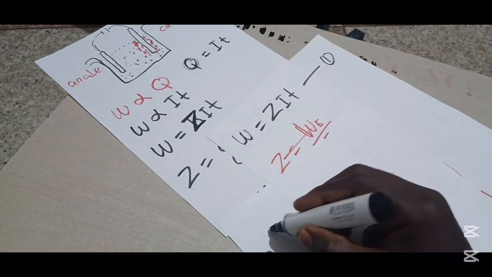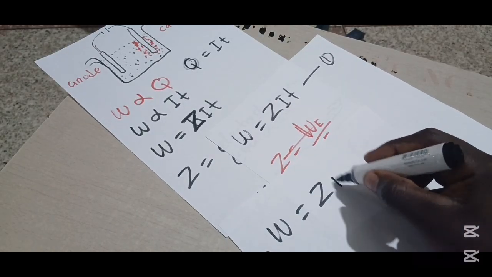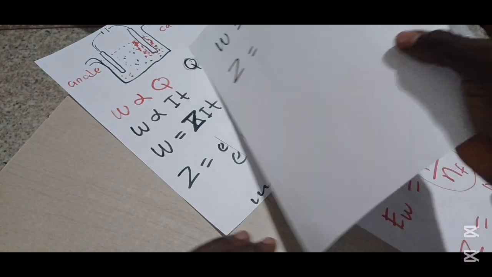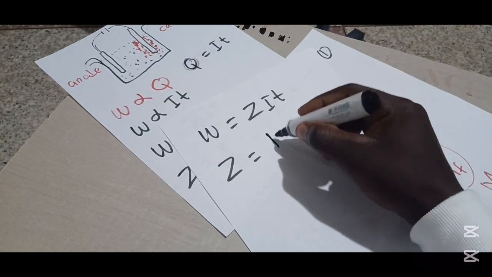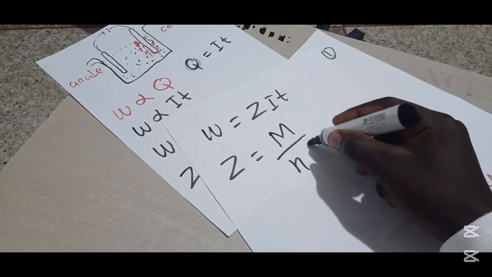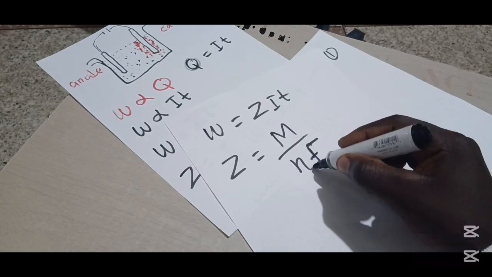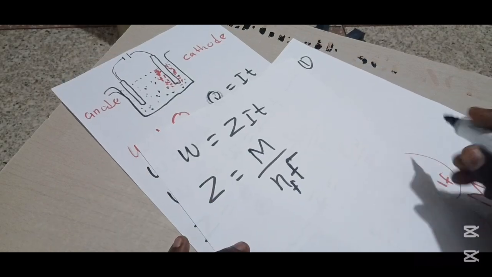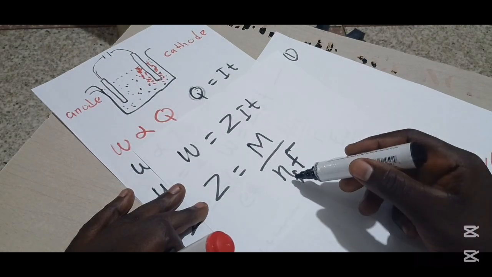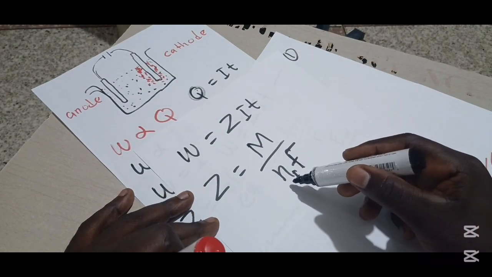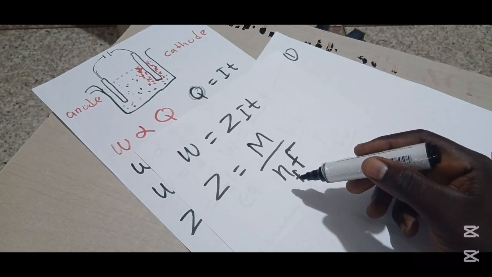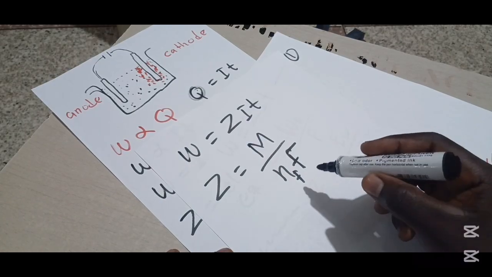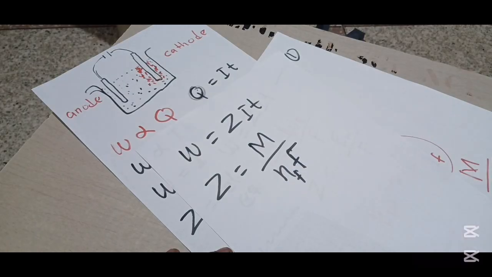So in all, we know W equals Z times IT, and Z equals molar mass over nF. I prefer putting subscript F here to differentiate this. This n factor, we can simply say is the number of electrons, the charge on the metal ion.